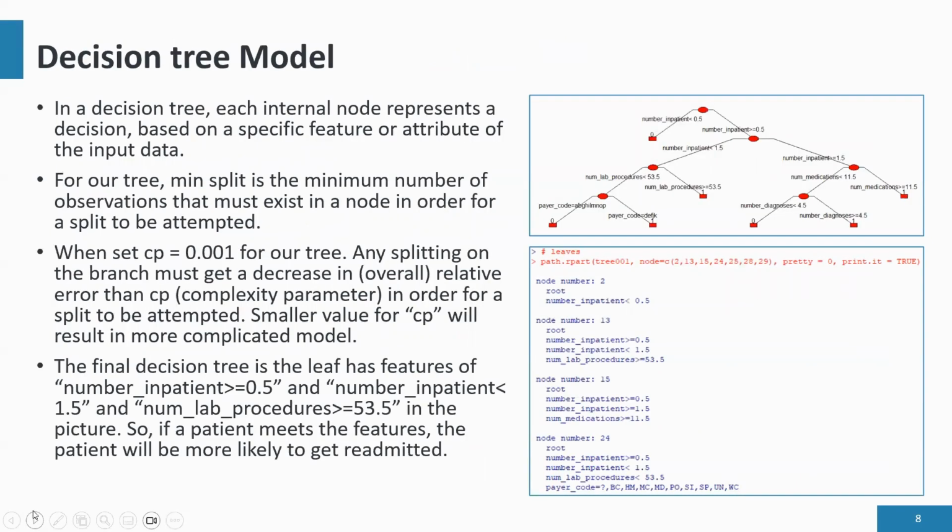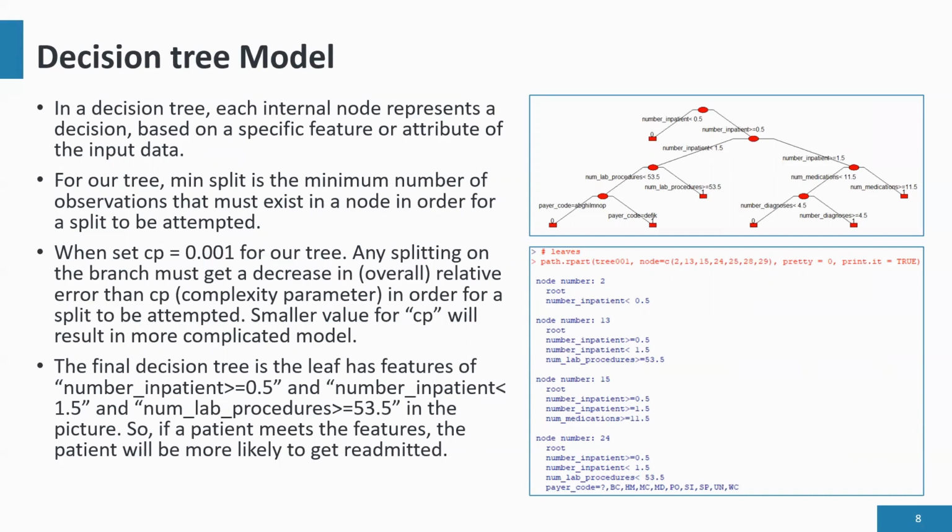About the models, I select two models for comparison. For the decision tree model, we focus on the internal nodes, each representing a decision based on a specific feature or attribute of the input data.